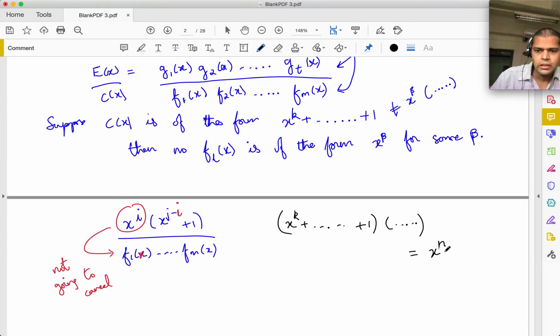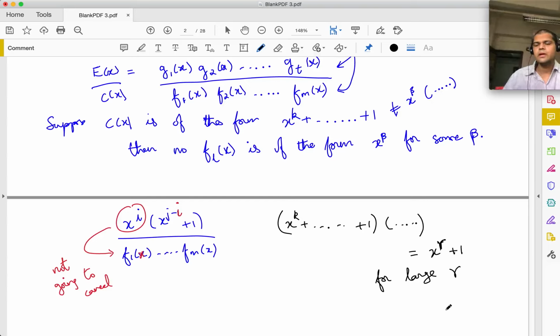Let me not use n. Let's say some gamma, plus, and this you can have for a large gamma. That is possible. You can find examples like this.